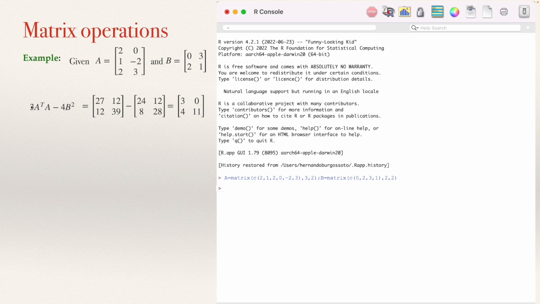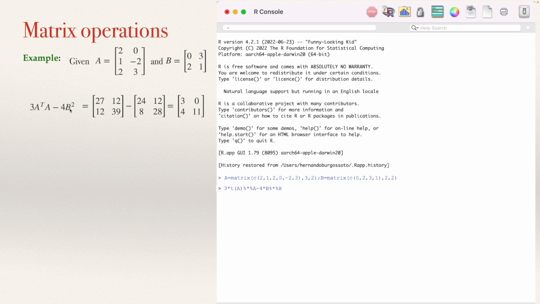Remember, for this 3 we have just a scalar multiplication, because this 3 is multiplying this matrix, but between these two we have a matrix multiplication. Here we have the transpose of A, so you can type 3 times the transpose of A times A minus 4 times B times B. Remember, B squared is B times B. You can download some package that allows R to use powers for matrices, but I will be explaining this later in another video.